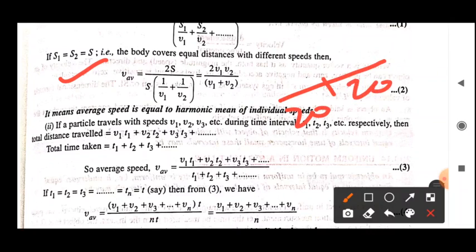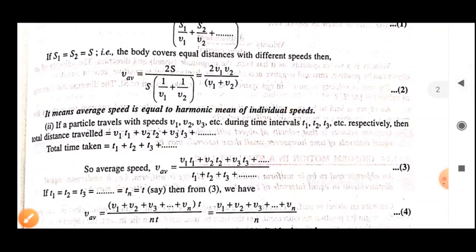So s1 and s2 are the same here, but the time taken by them is different. It means the velocities are different here: here the velocity is v1, here the velocity is v2. Then the time is different, and that's why the average velocity can be calculated by this formula.